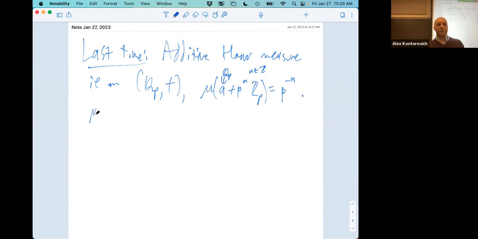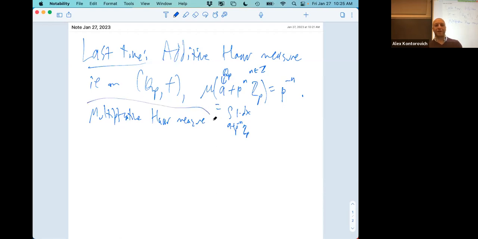We also looked at multiplicative Haar measure. In the same way, this is really the integral over a plus p to the minus n Z_p, dx of 1, right? That's what this measure is.